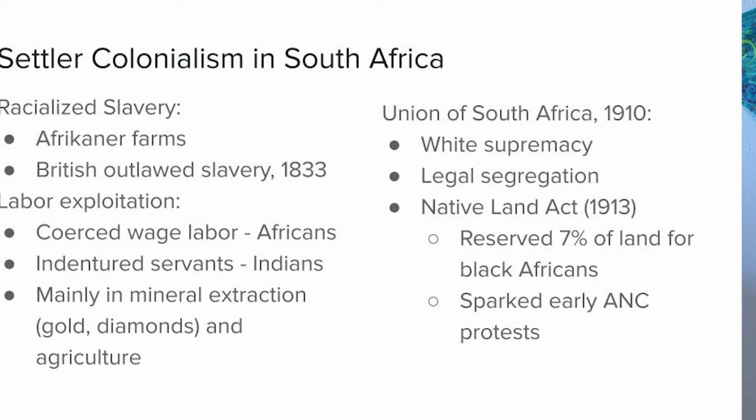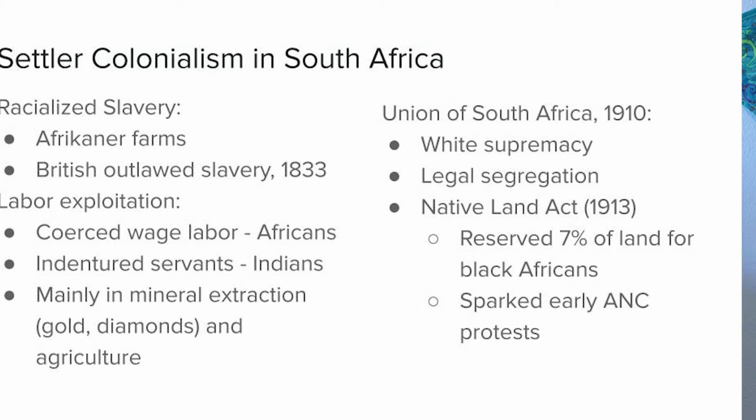This is an interesting phrase for us to hear as Americans, especially in the 20th century, where our cultural conversation is a lot about white supremacy. But the idea of race-based differences in intellect, in skills and capabilities were enshrined into the law from the very beginning of the Union of South Africa.